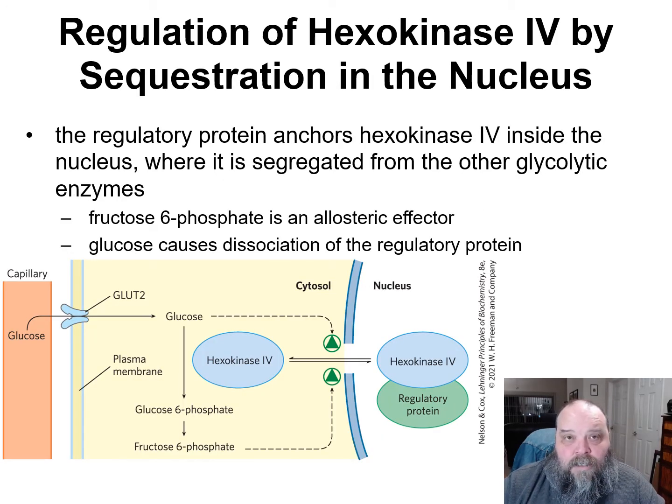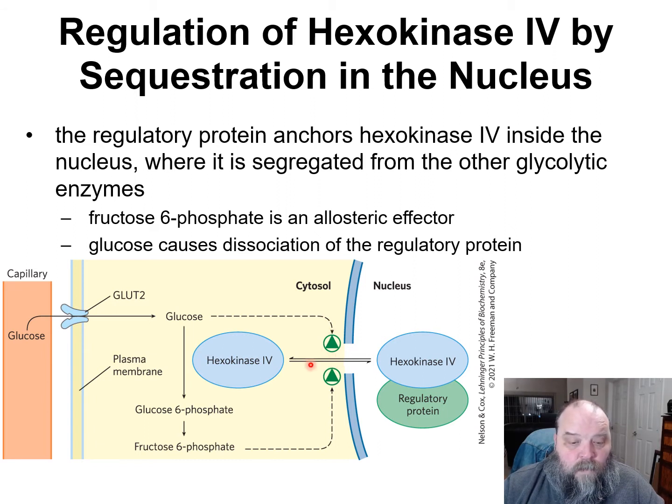Here, regulation of whether it can be active is not going to be inhibition by its product or by the product of a later enzyme in the pathway. Instead, it's going to be sequestration. Hexokinase 4 is going to be stored in the nucleus until glucose enters into a hepatic cell.